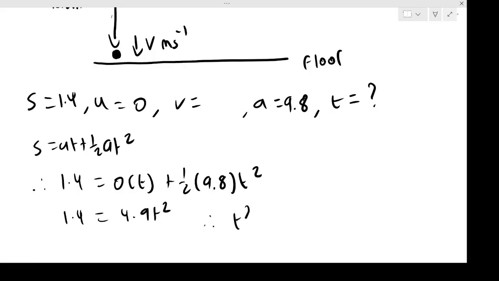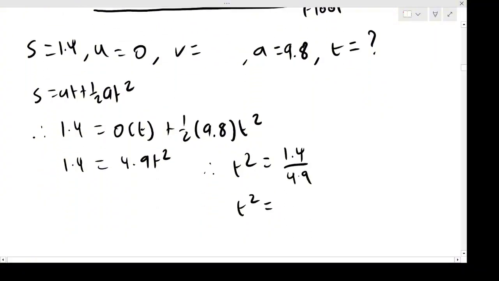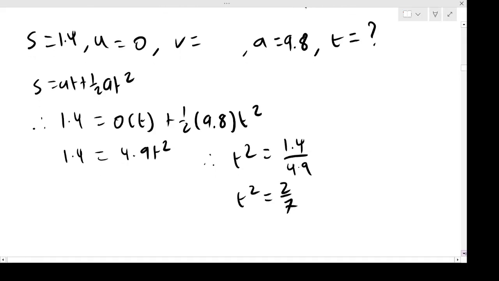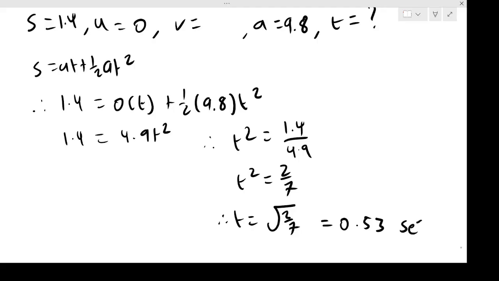So therefore T squared, if I divide by 4.9, I get T squared to be 2/7, and then I can just square root it. So therefore T is the root of this, and that's going to be 0.53 seconds to 2 decimal places, and that's the time taken.